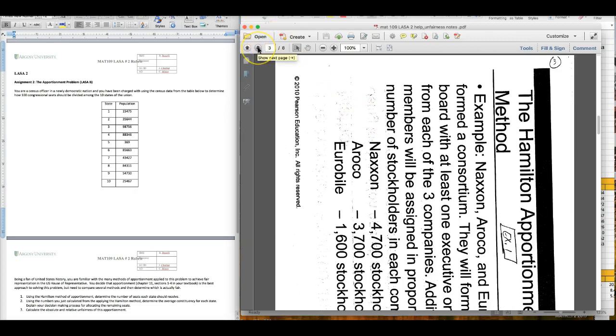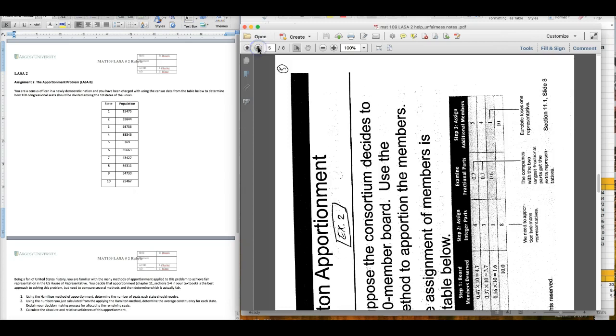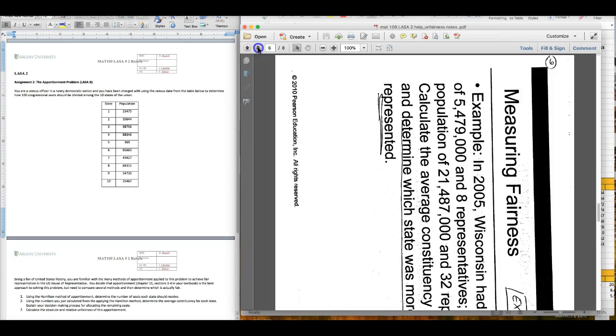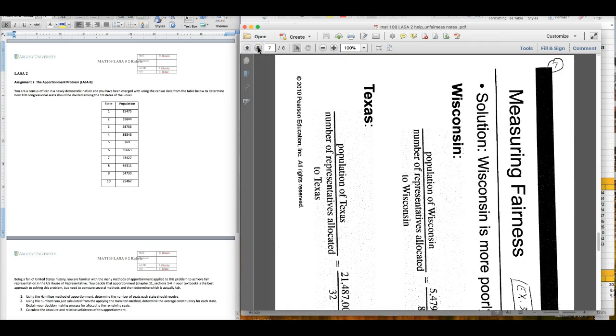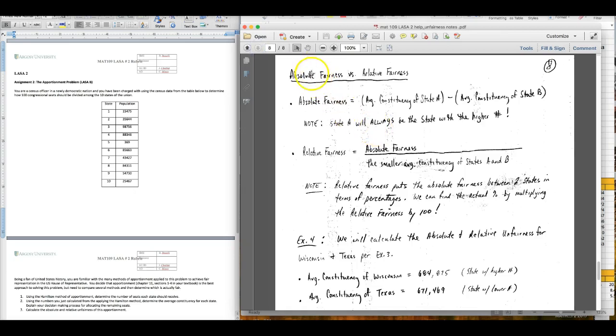Now I'm going to move past this example because it's just an example of Hamilton's method, and we've already done that. On this page, we talk about absolute versus relative unfairness. Absolute unfairness is just the average constituency of a state minus the average constituency of another state. And state A will always be the state that has the higher average constituency, so this number will never be negative.